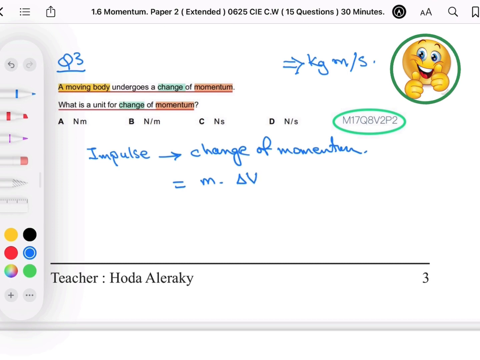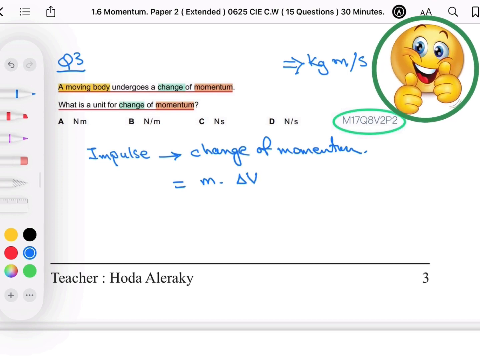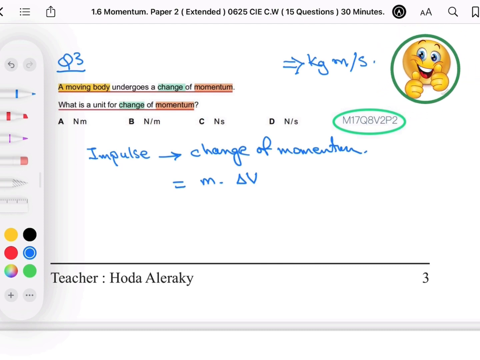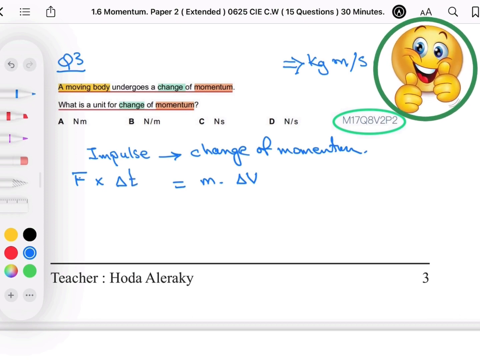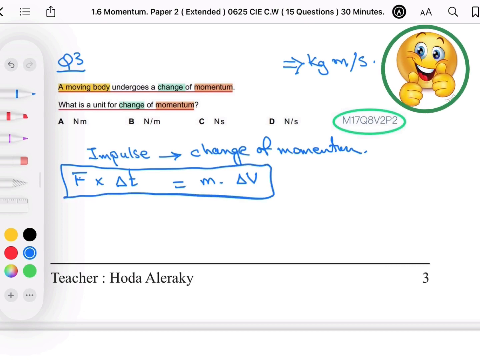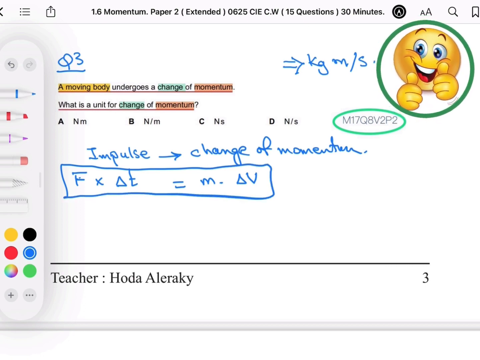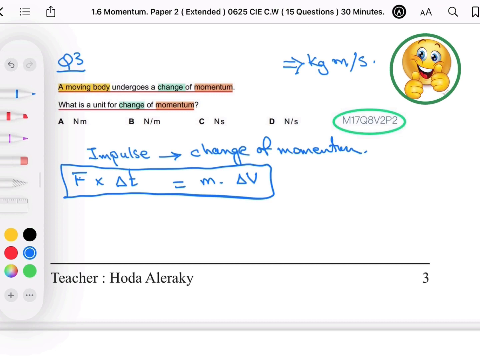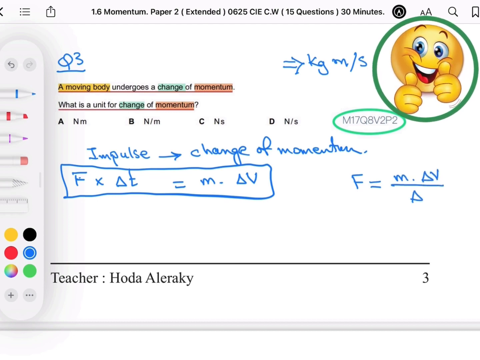What is the main equation used to calculate impulse? Force applied times the time interval which is taken to change the momentum of an object. Simply, it's just a rearrangement of the equation we wrote in question number 1, applying resultant force, Newton's second law, mass times delta v divided by delta t.